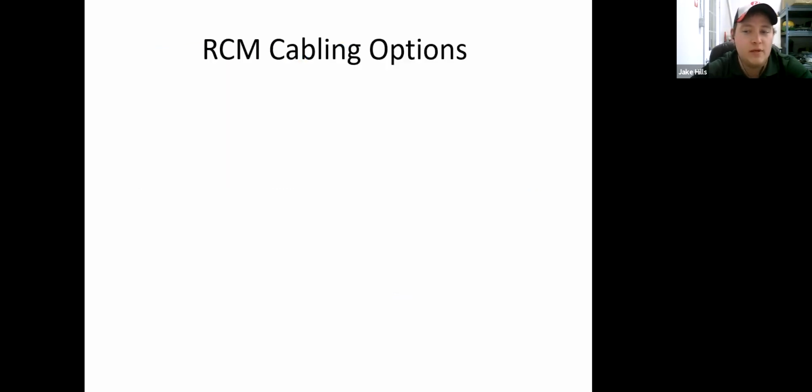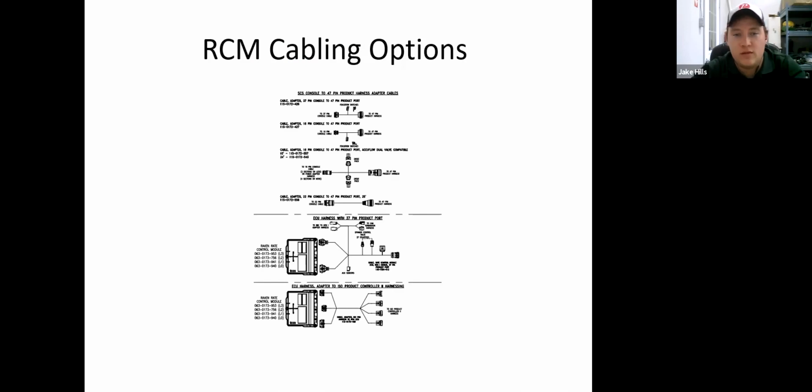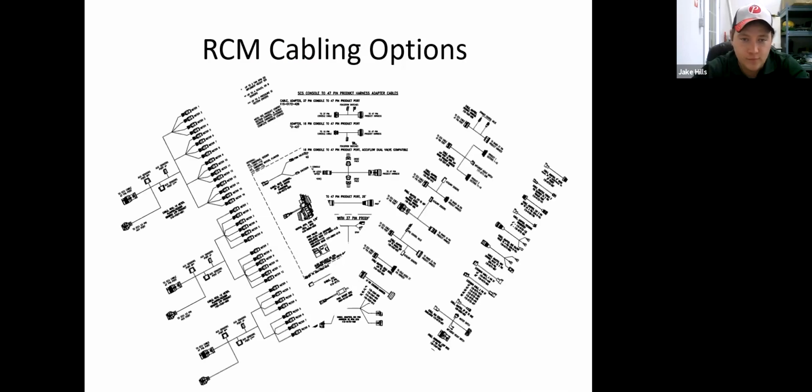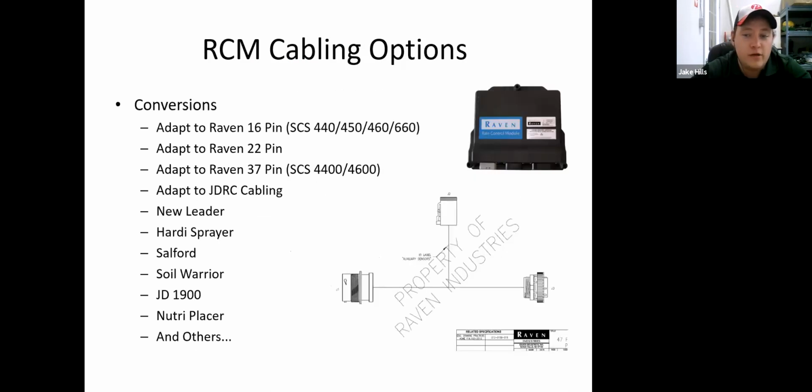When it comes to the cabling side, with the RCM you have the ability to create your own custom cables through the ordering. So just what you want and the lengths that you want, or you can adapt it for your older stuff. So there's tons of options for cabling when it comes to building a system, or when it comes to retrofitting a system.